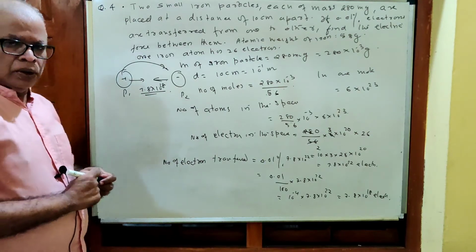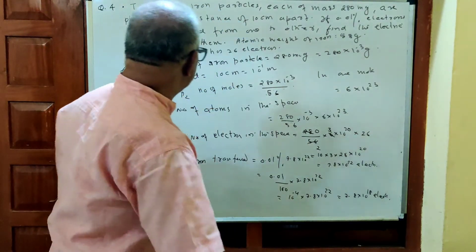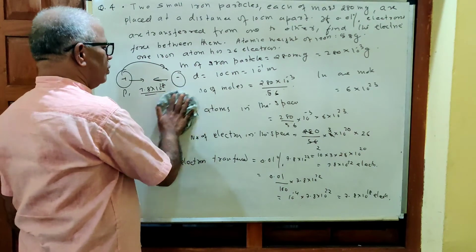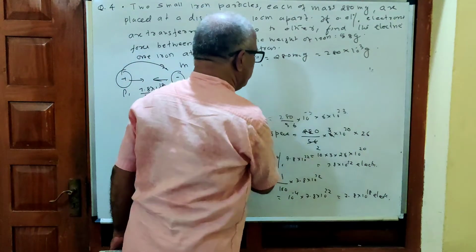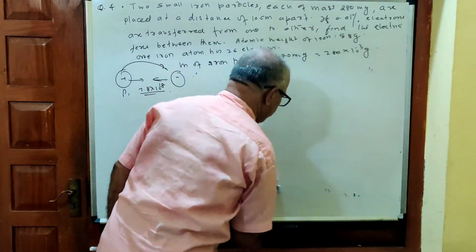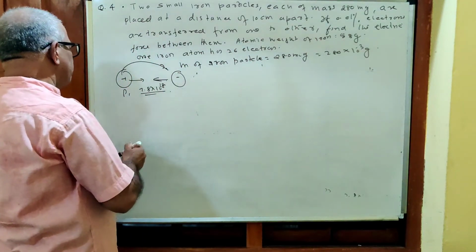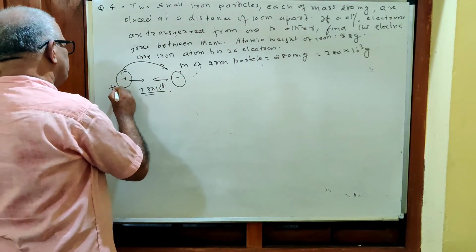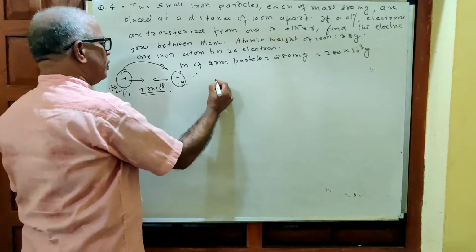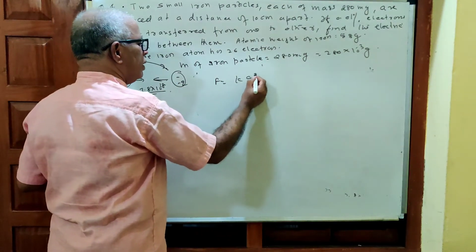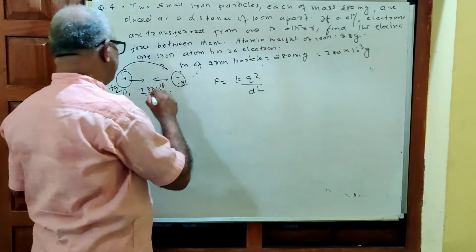Now we will see what is the force of attraction between them. F is equal to kq square by d square, where one is plus q and the other is minus q. d is given here.